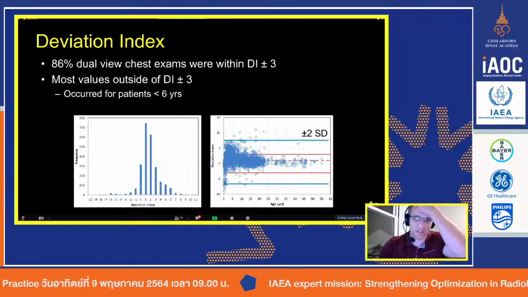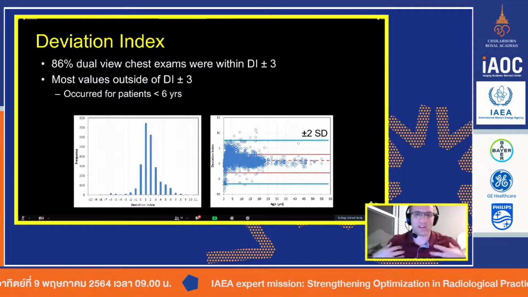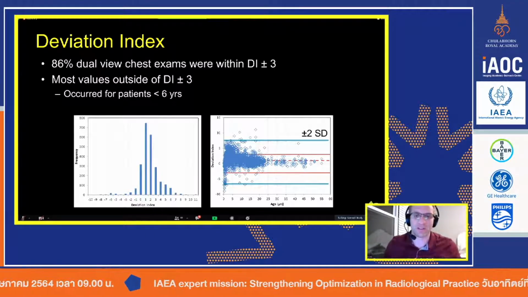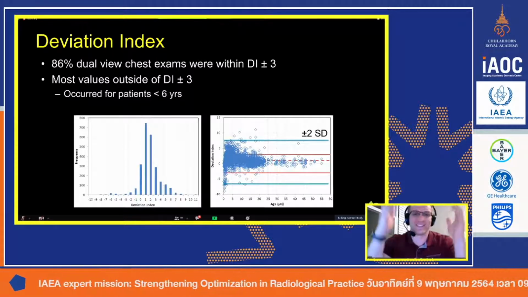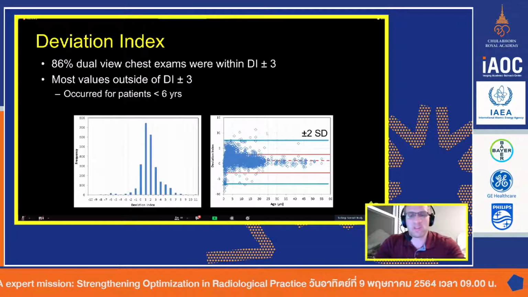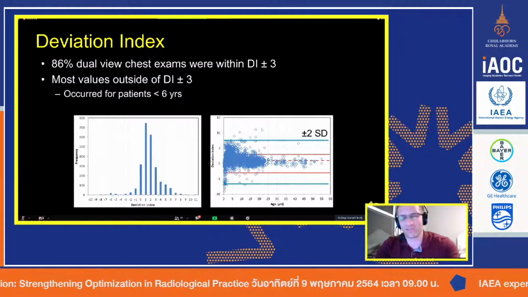Now, if it's a normal looking patient, but their lung fields got totally burned out because the technologist somehow did something weird and it's just a really high dose, well, then that's an education point where we can go back and try to educate.